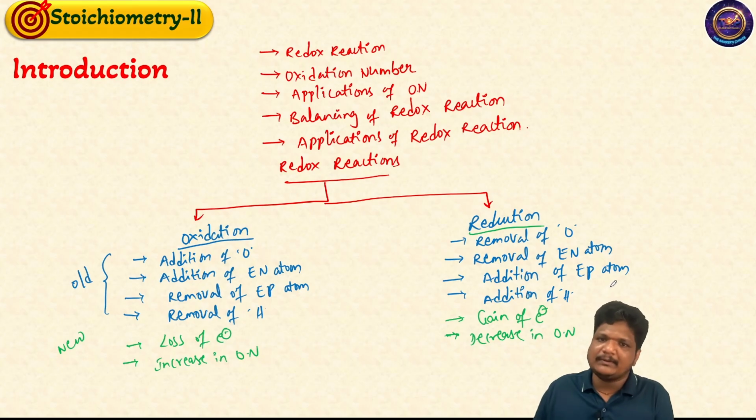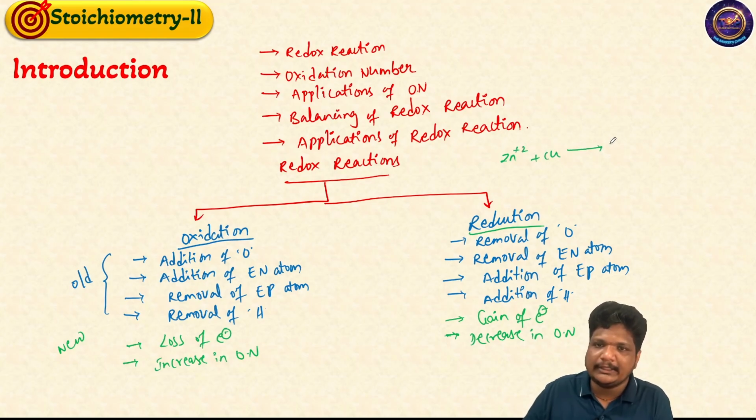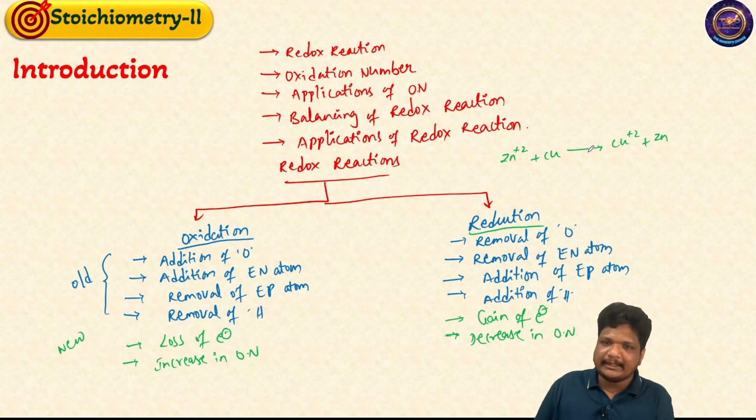Let us observe a simple example based on the definition of redox reactions, in which both oxidation and reduction take place simultaneously. Consider the reaction Zn2+ plus Cu gives Cu2+ plus Zn. Is this a redox reaction or not?